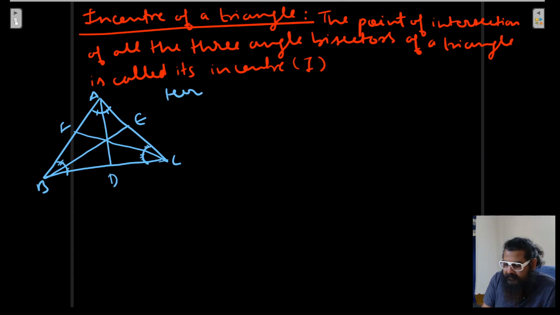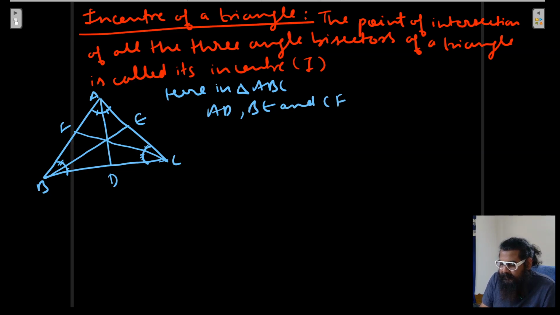So here in triangle ABC, AD, BE and CF are three angle bisectors.